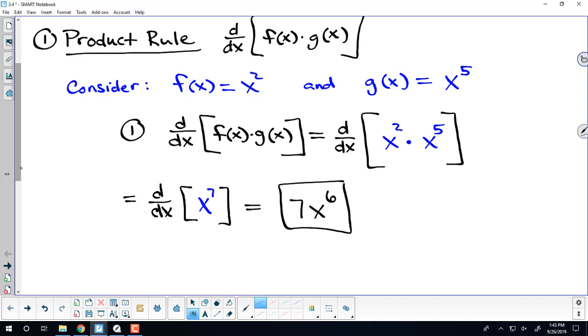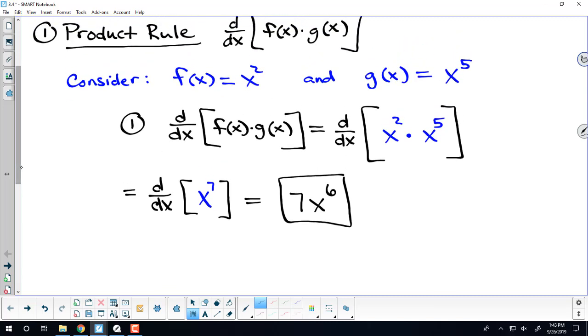But typically, we might look at that and say, well, could I take the derivative of f and the derivative of g, and then just multiply their derivatives together? No, and again, we're using this example to show that it doesn't always hold. So it's not something we stick with.